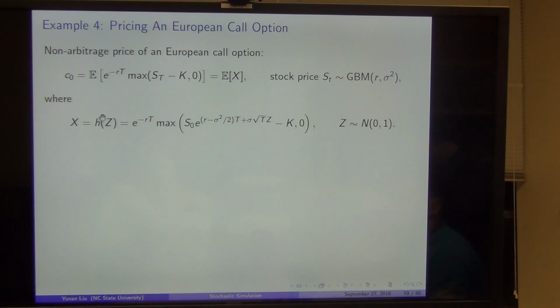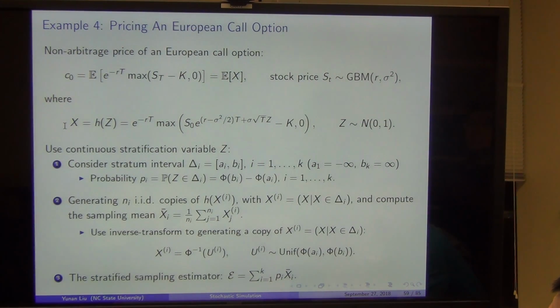So we're aiming at estimating the expectation of this random variable, which we call X, and X is some function h of Z. Z is this: the geometric Brownian motion S_t is equal to S0 times the exponential of drift, volatility, and Z. We hope to estimate the mean of X.